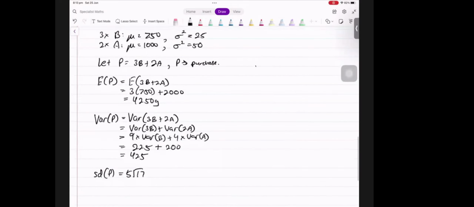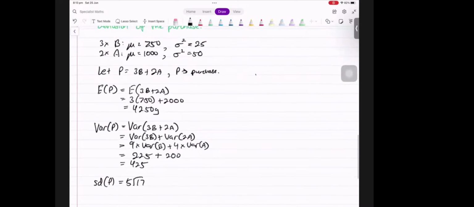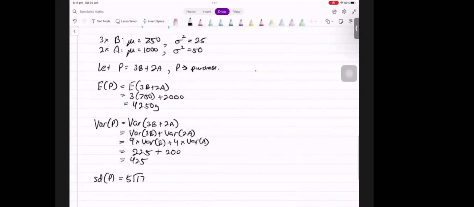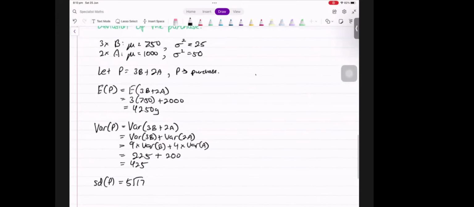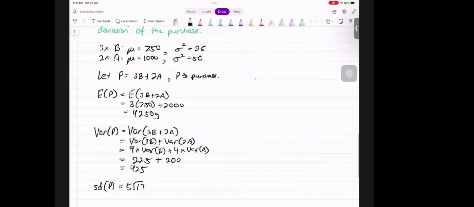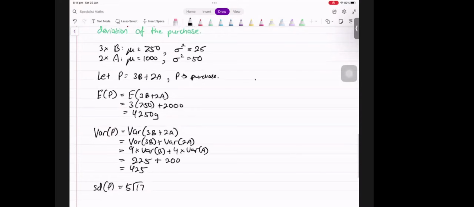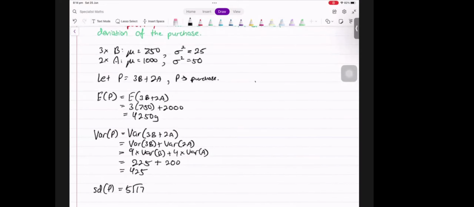So that's fine. Yep, 9 times the variance. I think that this should be right. I'm not sure why the solution is saying something else. Maybe I messed up somewhere.